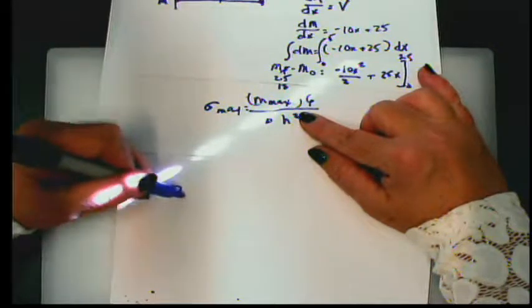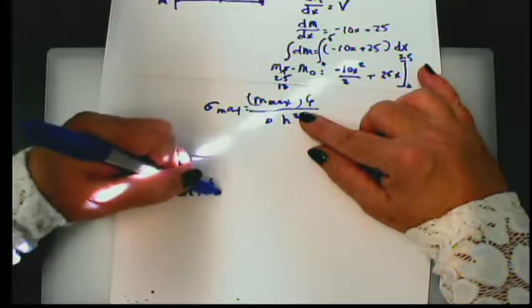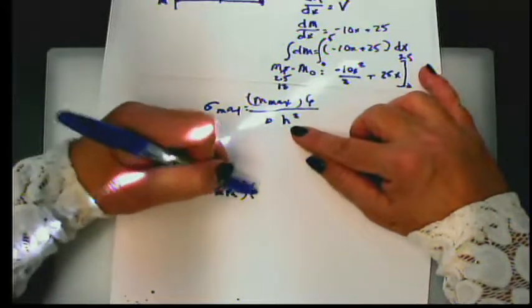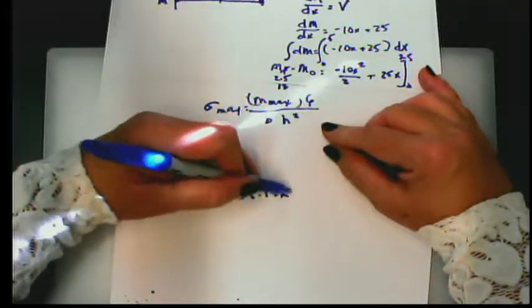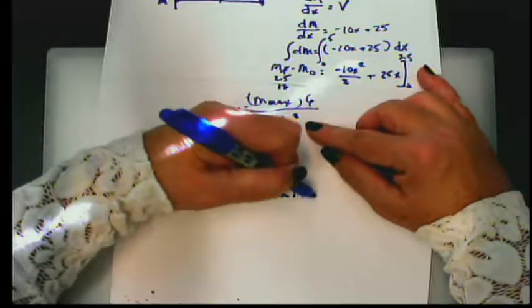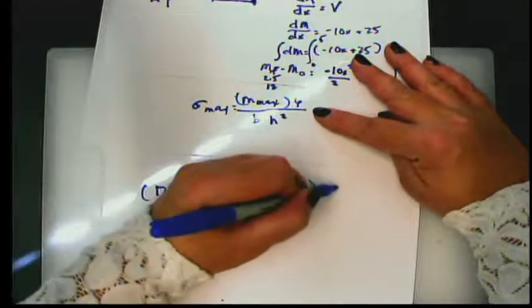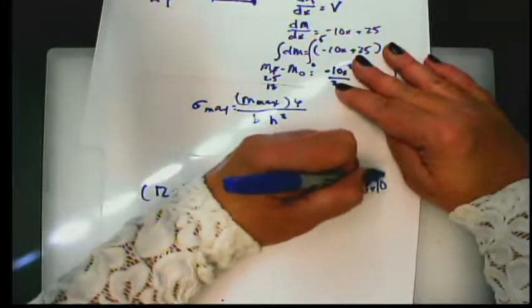So I know that my sigma max, which is 12 times 10 to the 6 MPa, times the base, which is 0.12 meters, times the height squared, which is my unknown, is equal to the maximum moment, which is 31.25 times 10 to the third.